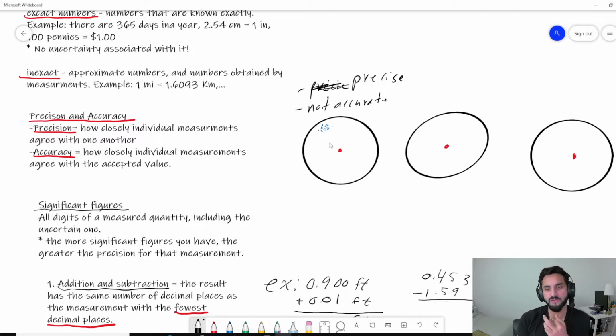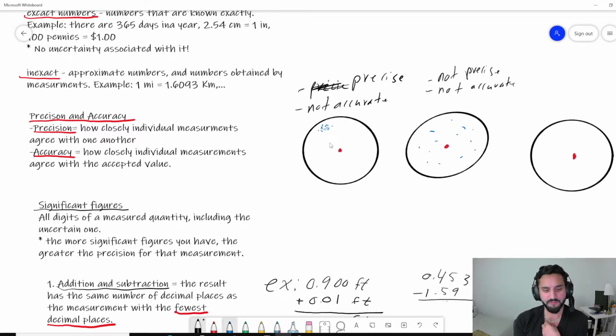Let's say I shoot this target and I shoot all over the place. In this case, you can see my shots are all over this target. This is not precise and it's not accurate.